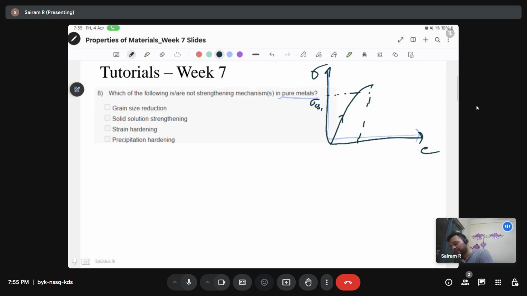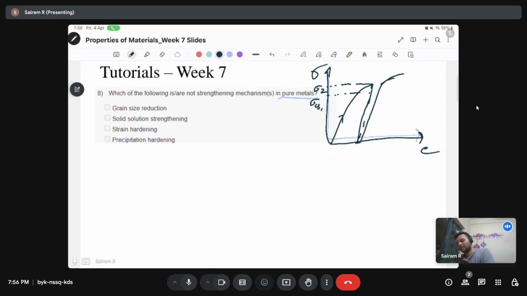Now because I've already plastically deformed my material to the stress sigma 2, for me to plastically deform my material after bringing it back down to zero stress condition, for this material to yield right now, I have to strain it beyond sigma 2.